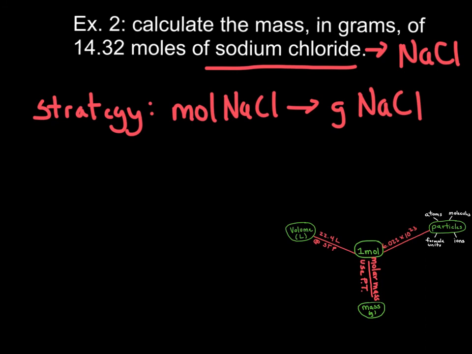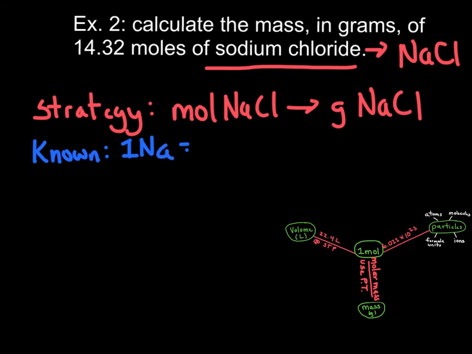Alright, now our knowns. We need to know the molar mass, okay? So when we look up 1 sodium, we see a mass of 22.99. Oh, let me put the A in for sodium. Hang on one second, let me erase this.